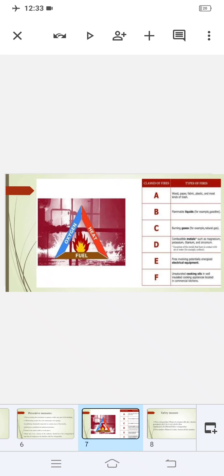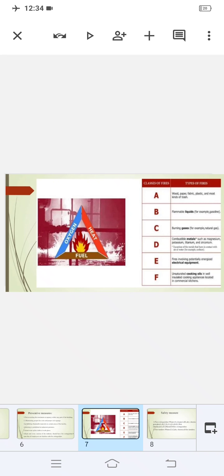Class E fires involve potentially energized electrical equipment, meaning fire due to some mechanical issue in any electrical equipment. And class F fire is due to unsaturated cooking oils in well insulated cooking appliances located in commercial kitchens. So industries might have kitchens also, canteens present over there.